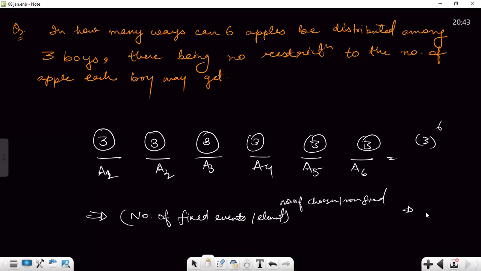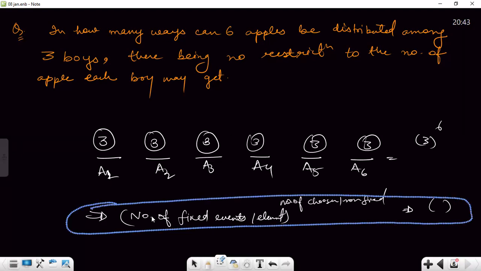So what was fixed? Apples. And what was not fixed was a boy getting an apple or not. So it's getting confusing here. I should better avoid writing the formula.